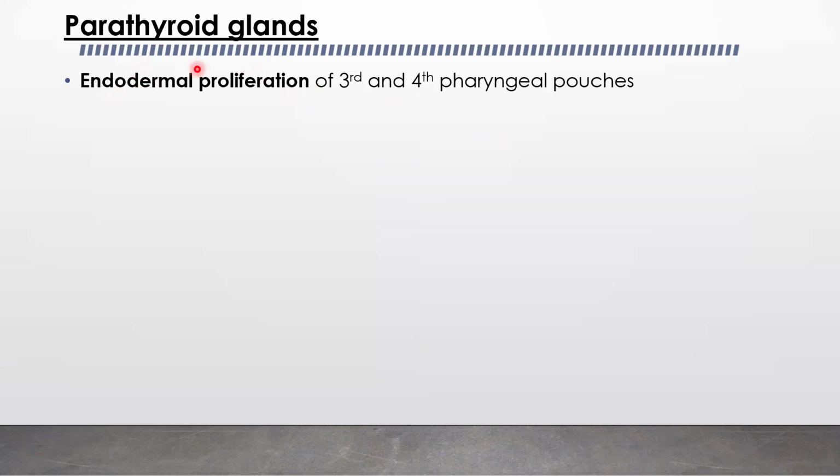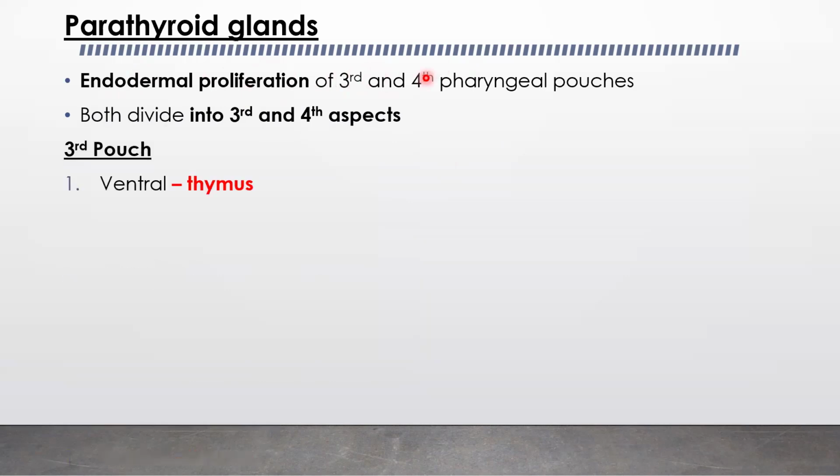So tissue of origin, endoderm. What does it do? Proliferates. Then both the third and fourth pharyngeal pouches will divide into a ventral aspect and a dorsal aspect.